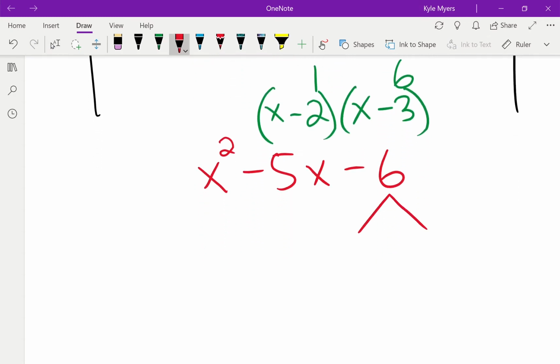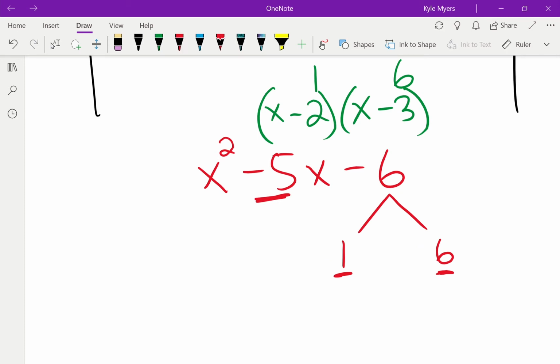Just changing that one thing, because now I have to make either the 1 or the 6 negative in order to make a negative 6 when I multiply. If I make the 1 negative and the 6 positive, that multiplies to give me negative 6. But negative 1 plus 6 is the same thing as 6 minus 1, which is positive 5, and I want a negative 5. So I need to change the signs.